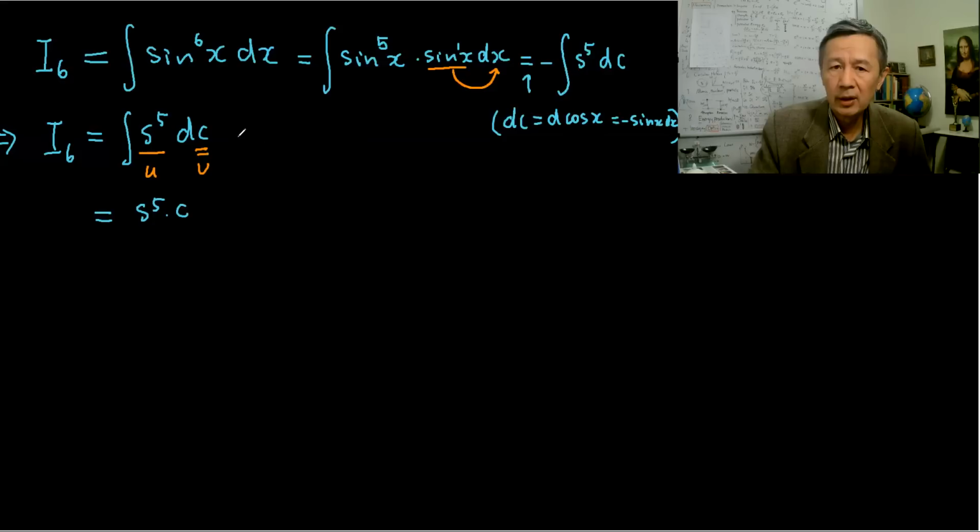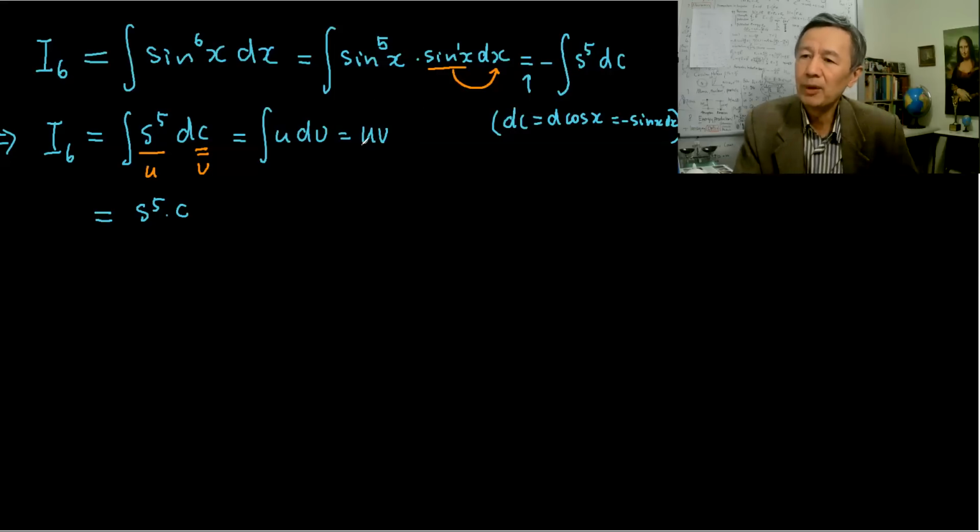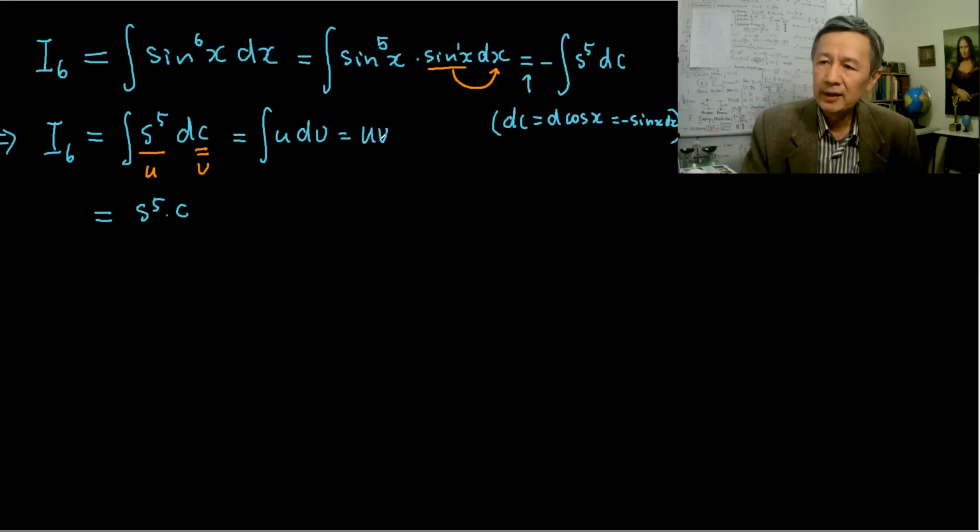Do I have to write the formula here? Perhaps, yes. Now I just write the formula before we go further. So that's pretty much the same as this, integral of U times dV, which will equal UV minus the integral of V dU. Let me recall how to remember this order. UV light is harmful.